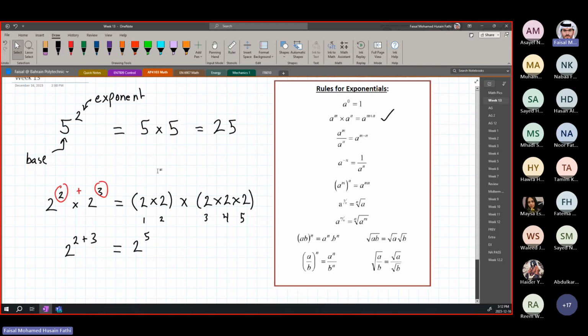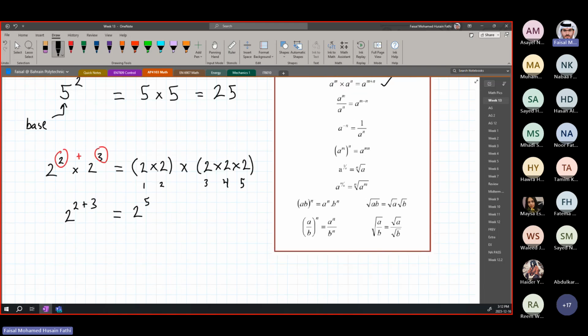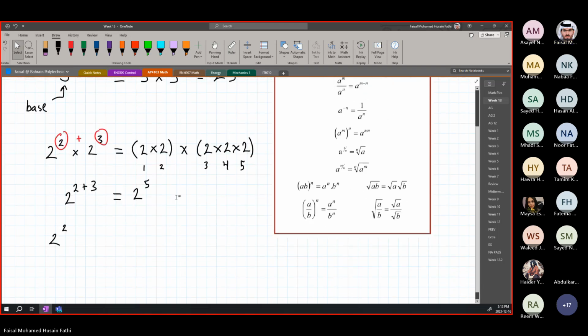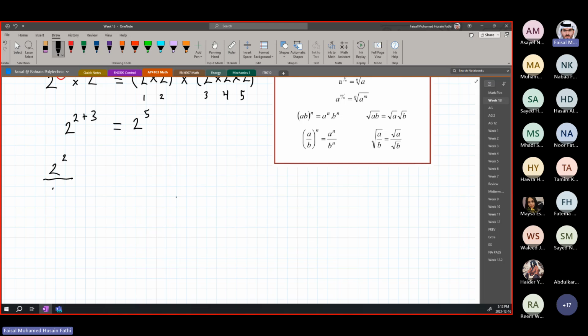What about the second one? Let's say we have 2 to the power of 2 divided by 2 to the power of 3. Let's do it in the opposite way before we move on. So let's say this is 2 to the power of 3 divided by 2 to the power of 2.